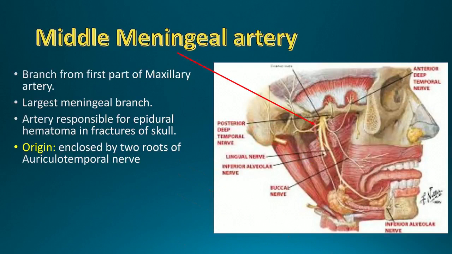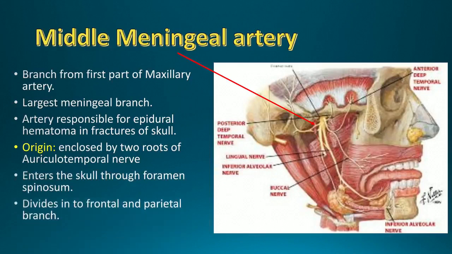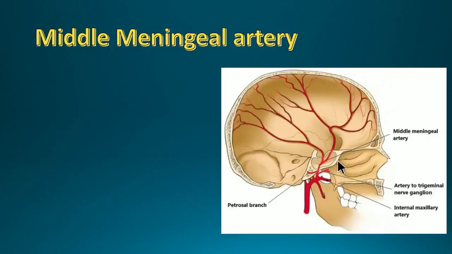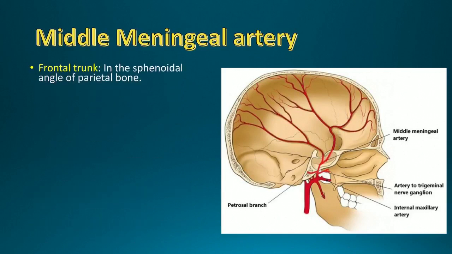Once it enters into the cranial cavity, it divides into an anterior trunk and posterior trunk, or you can call it a frontal branch and a parietal branch. So you are able to see the frontal branch and the parietal branch. The frontal trunk runs along the antero-inferior angle of the parietal bone, which is the sphenoidal angle. Your parietal bone has four angles: antero-inferior, antero-superior, postero-superior and postero-inferior.